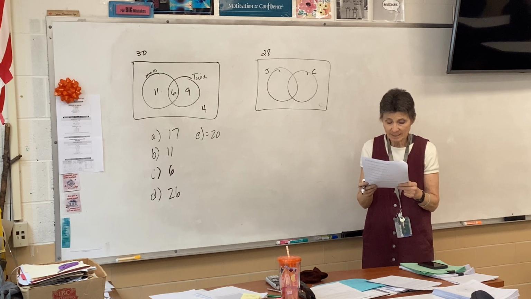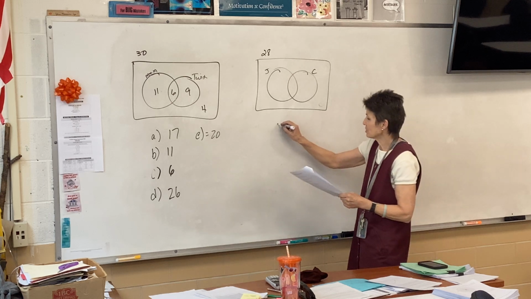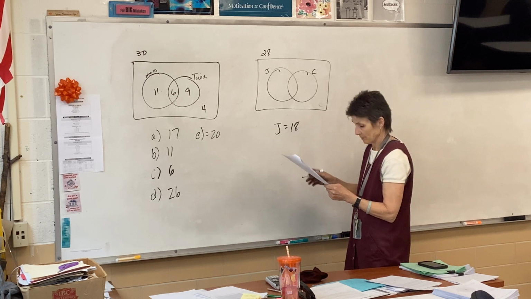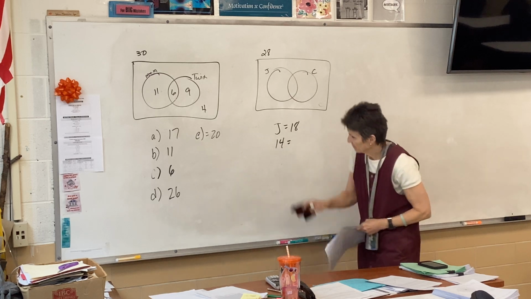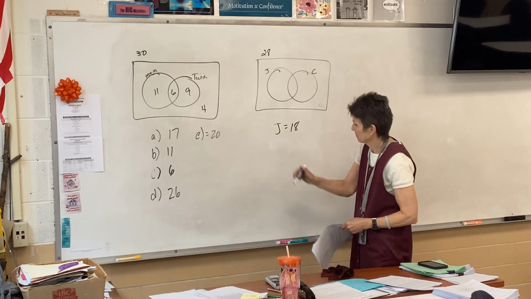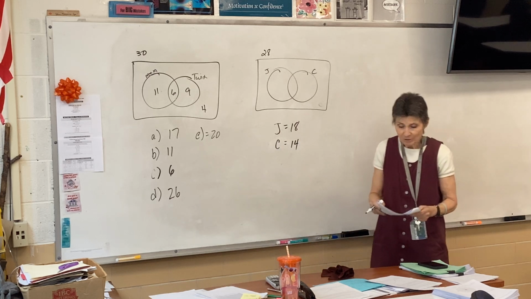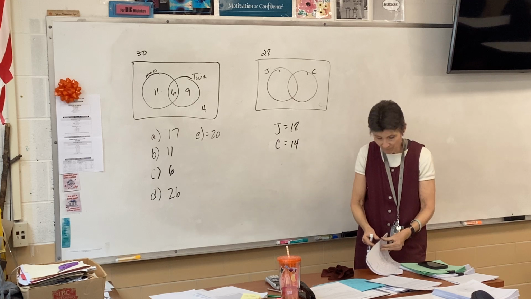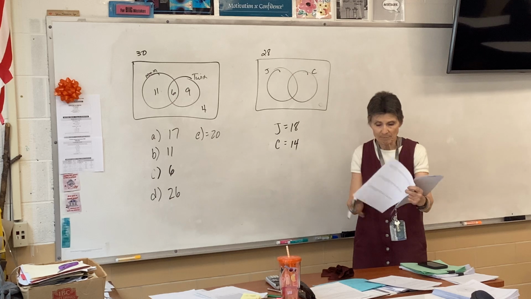How many students like only jazz? Now, what do we know? We have 18 students that like jazz, and we have 14 students that like country. Now, if you got your thinking cap on, if you're not just fast forwarding through this lovely video, you notice something about this problem.